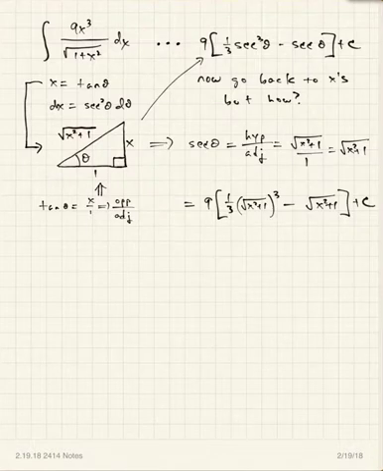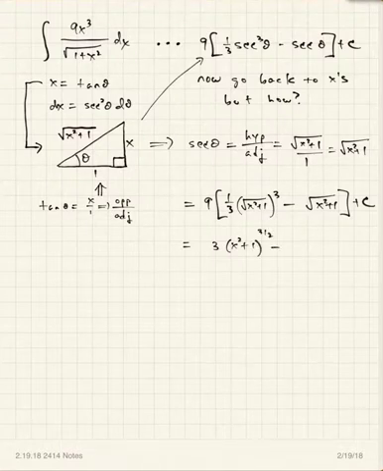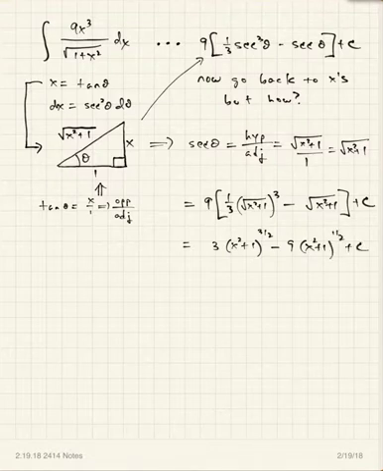If you wanted to, you could rewrite everything in terms of fractional exponents. I could also multiply through by 9, and I would get 3 times x squared plus 1 to the 3 halves minus 9 times x squared plus 1 to the 1 half plus c. And we have the antiderivative for our function. Right? That's the whole goal here.